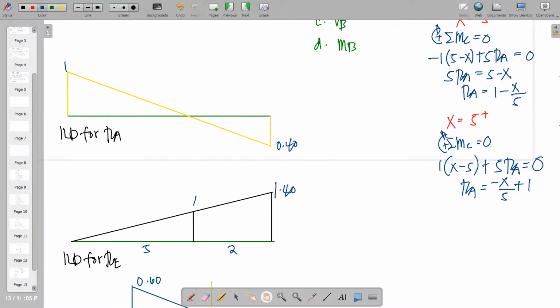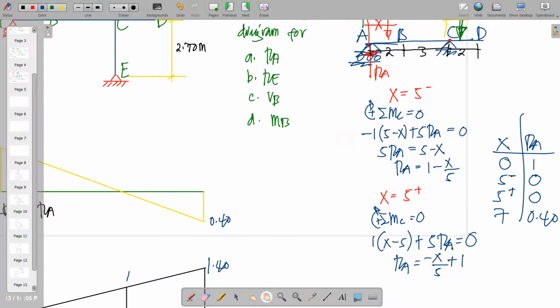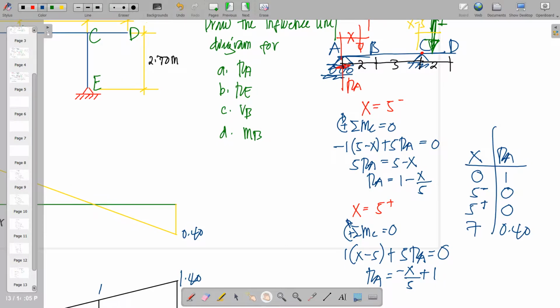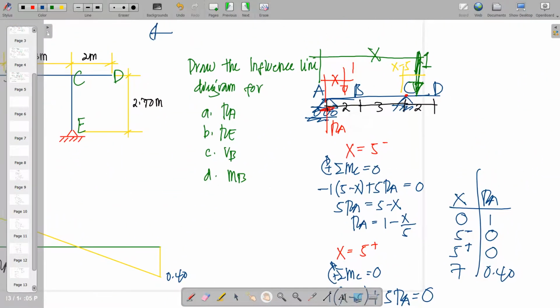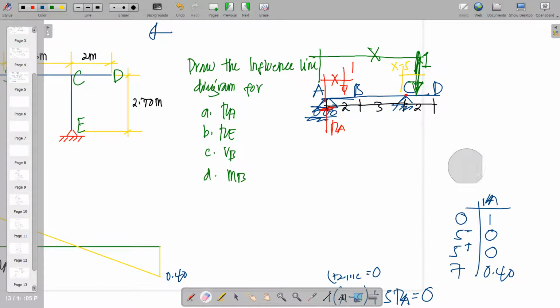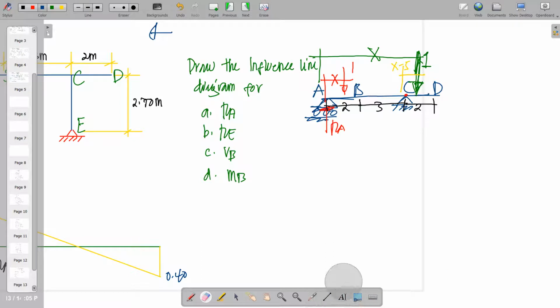Okay, so next, we are now concerned with RE. So this time, of course, still use this figure. So using this figure this time, we are now concerned with the RC.